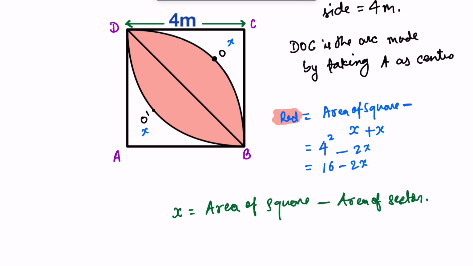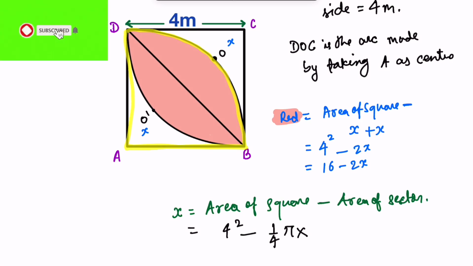Let's say we are calling this sector S. So area of square is 4 square minus area of sector. Area of sector is 1/4 of complete area of circle, pi r square. We'll notice this, the circle has this radius because this is the sector.